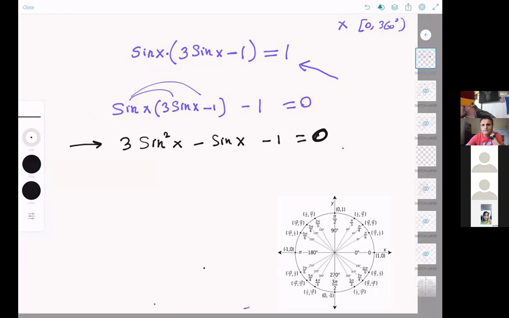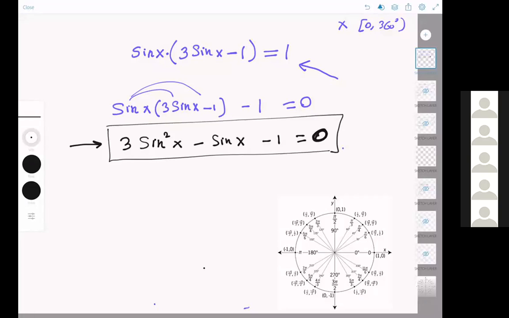Elizabeth will tell us. Put them equal to 0. No, we have equal to 0, but how do we solve this one?